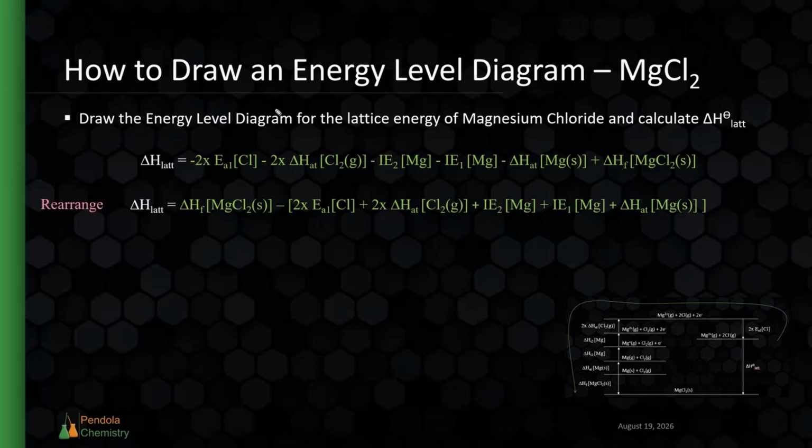Going back to the earlier conversation, we have delta H lat is equal to delta H of formation minus all of this, which was what made up delta H1. So delta H lat is equal to delta H of formation minus delta H1, which is made up of all of these steps.